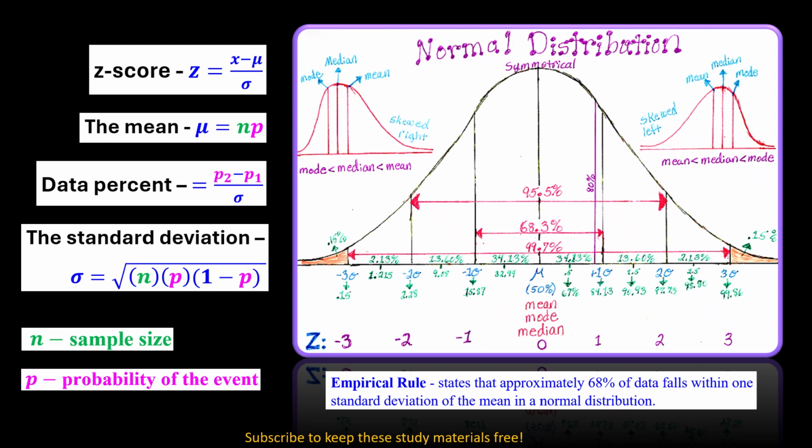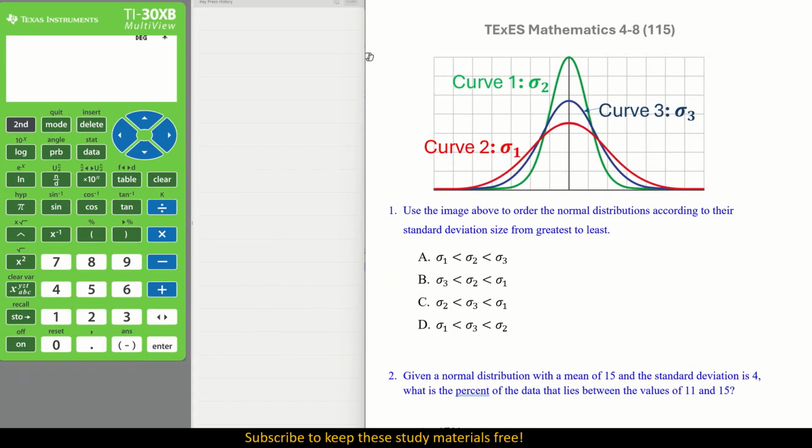All right, so let's try a few questions. Number 1: use the image above to order the normal distributions according to their standard deviation size from greatest to least. Look at your ABCD options. They're asking us to use the sigmas to order it.